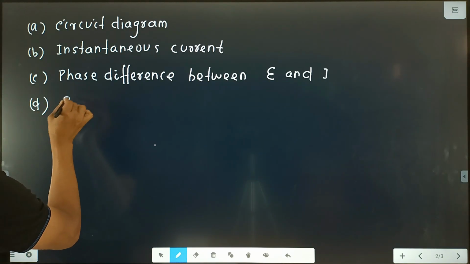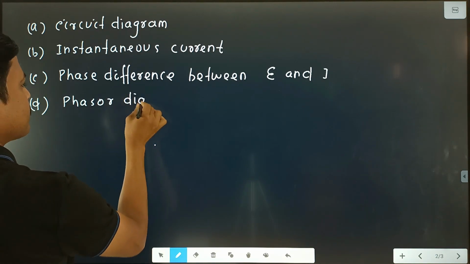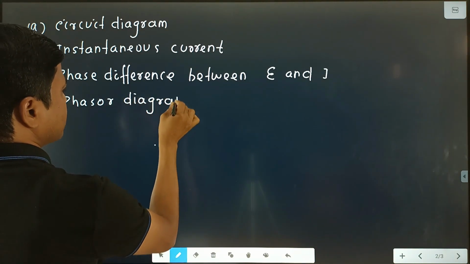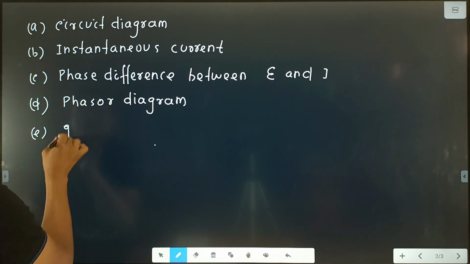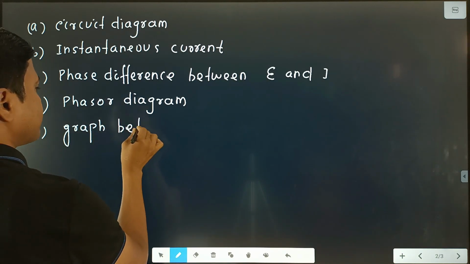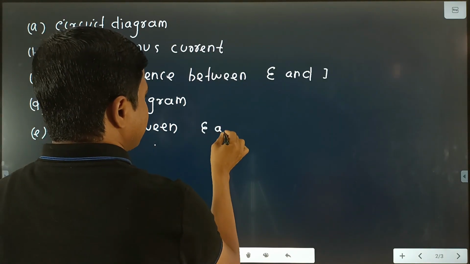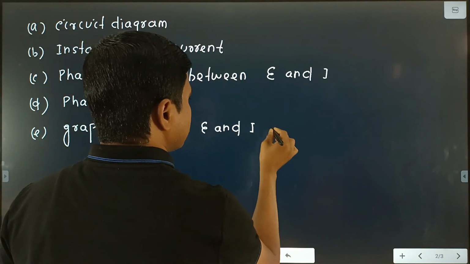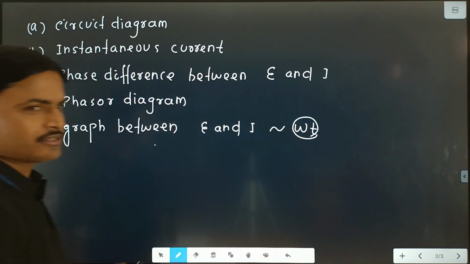Then you draw the phasor diagram. Next you draw the graph between E and I versus omega t. Omega t means that is the phase.